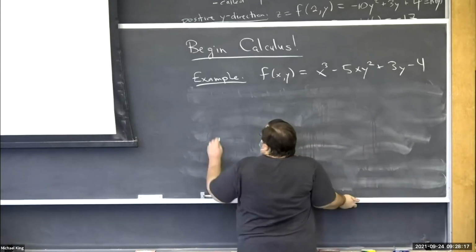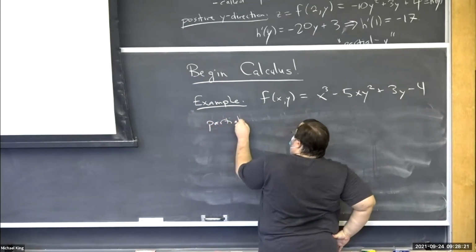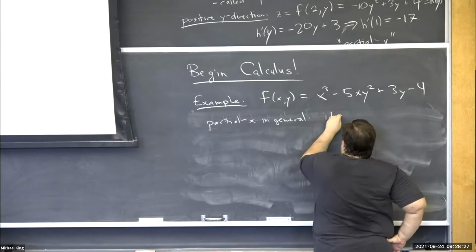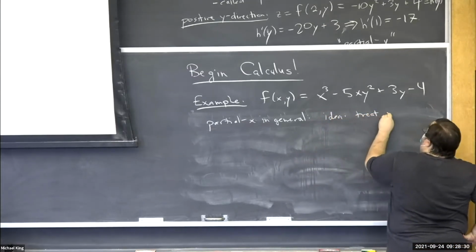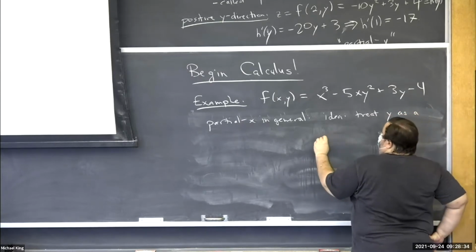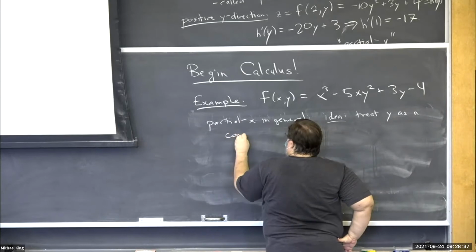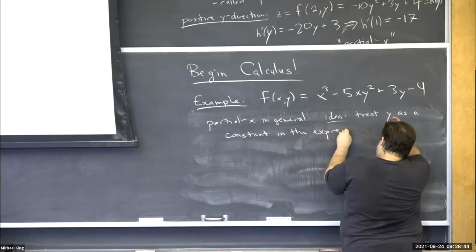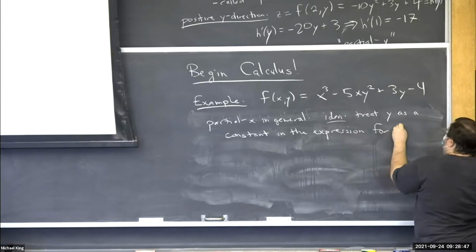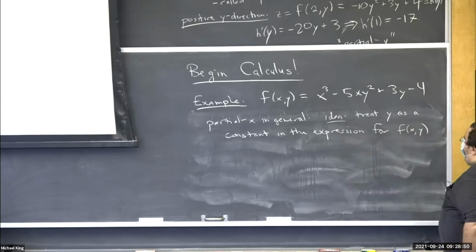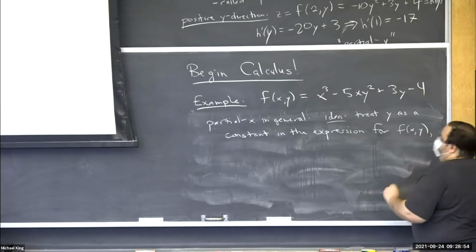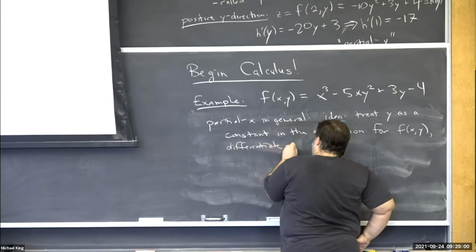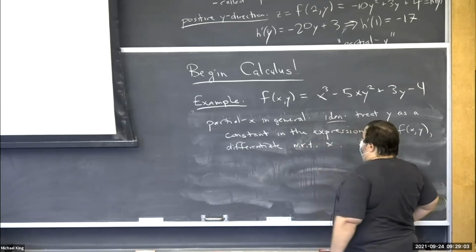So the partial x in general, the idea is treat y as a constant in the expression for the function, and then differentiate with respect to x. WRT is with respect to.